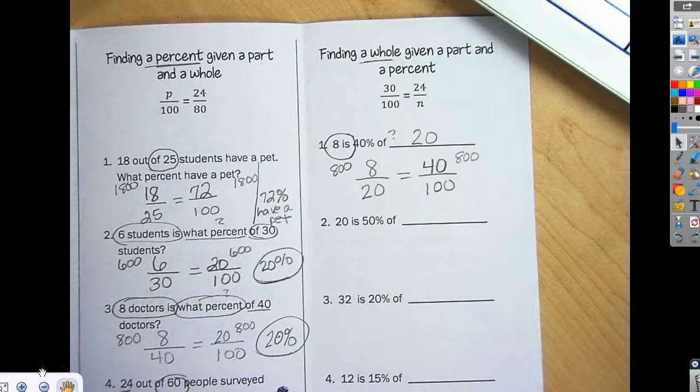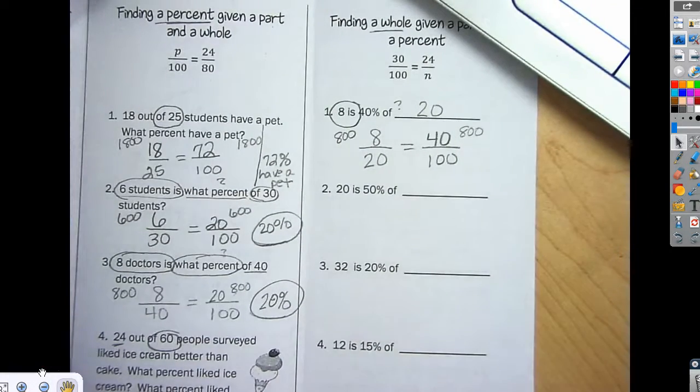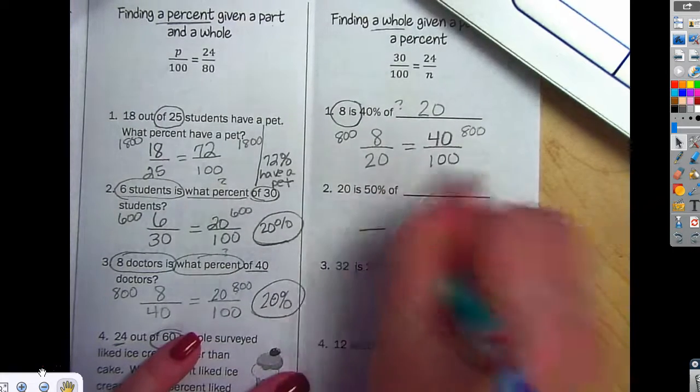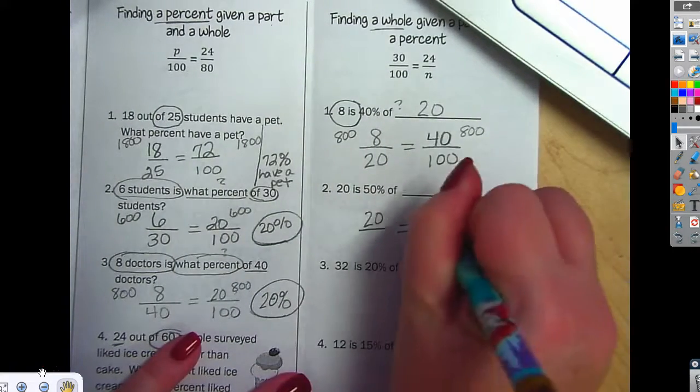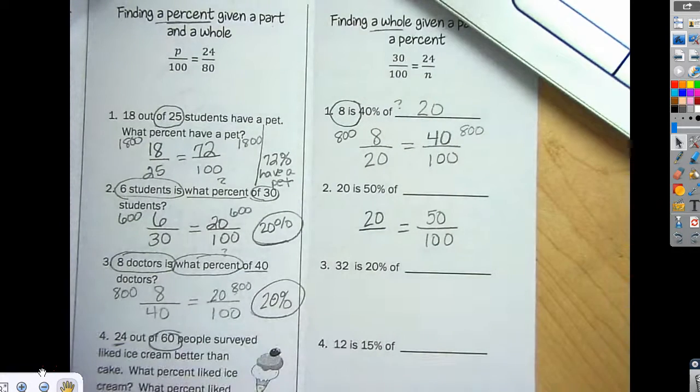Good with that? Okay, let's look at the next one. 20 is 50% of, so our whole is missing again. 20 is 50% of. Everybody know how I knew where to put those? Okay.